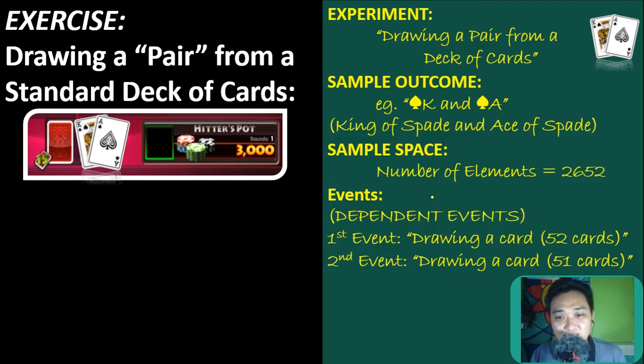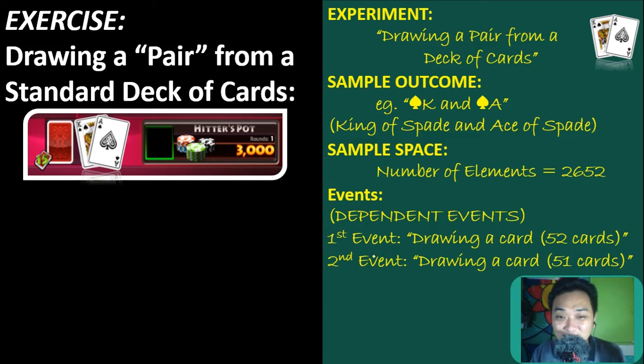Unang bunot mo pa lang, kompleto pa yung standard deck, 52. Tapos, hindi mo siya ibabalik, then you're going to draw another card, and that is our second event. To make everything simple, our first event is drawing a card, and our second event is also drawing a card.